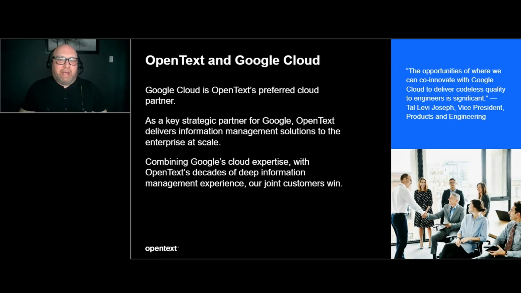And to help us pioneer new spaces, we chose Google Cloud to be our preferred cloud partner. As such, we're combining Google's cloud expertise and Google's latest AI innovation with OpenText's decades of deep information management experience for the benefit of our customers.